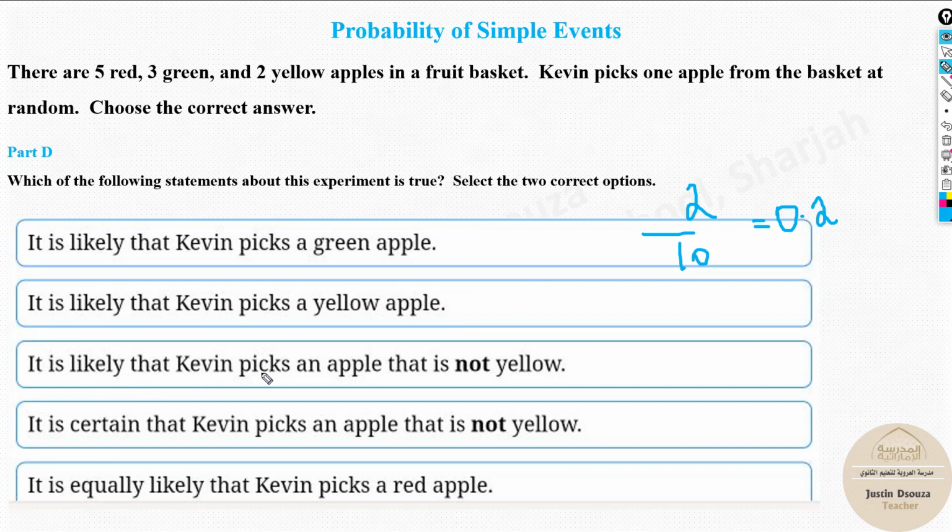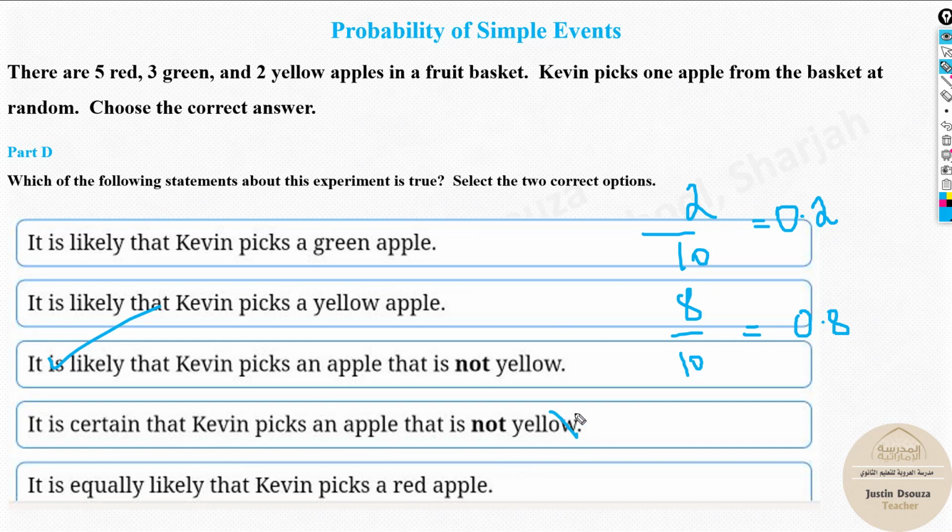Then, it is likely that Kevin picks an apple that is not yellow. That means it is 5 plus 3, 8 by 10. Yes. So that is 0.8 or 80% chance that these will be picked. So yes, this is correct. Next, it is certain that Kevin picks an apple that is not yellow.